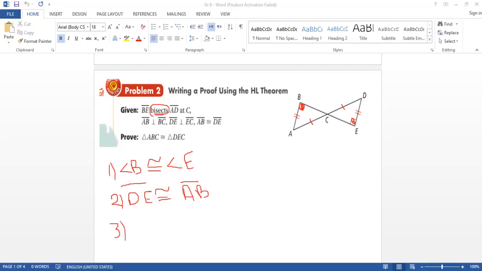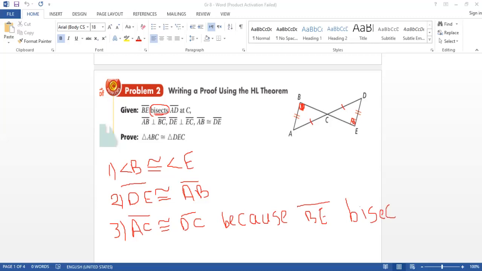Yes, from the bisector, since BE bisects AD, we get that AC is congruent to DC because BE bisects AD.